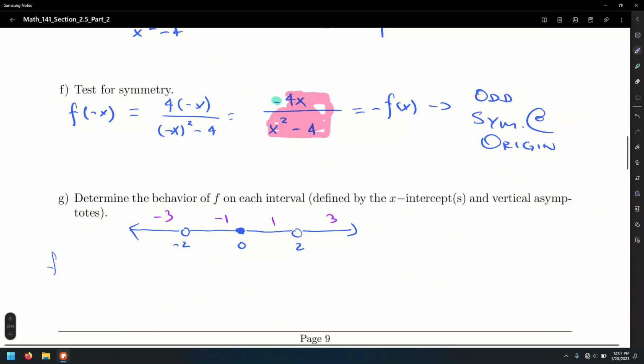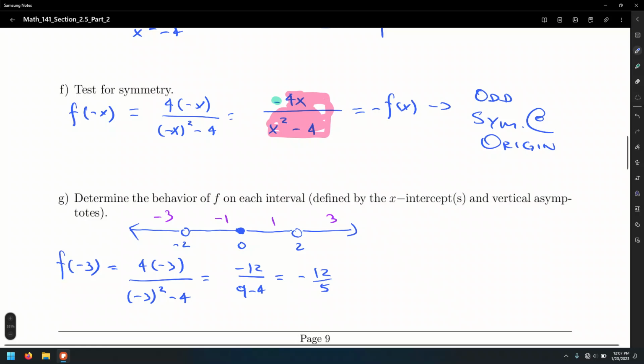F of -3, that's again, replace -3 wherever you see the letter x in your original function. That is 4 times -3 over -3 quantity squared minus 4. That is -12 over 9 minus 4. That's -12 over 5. All right?